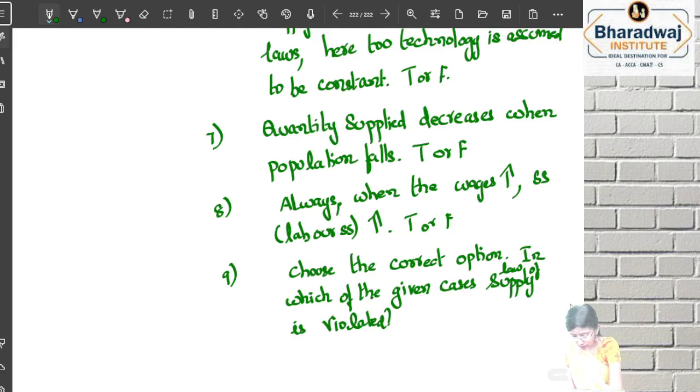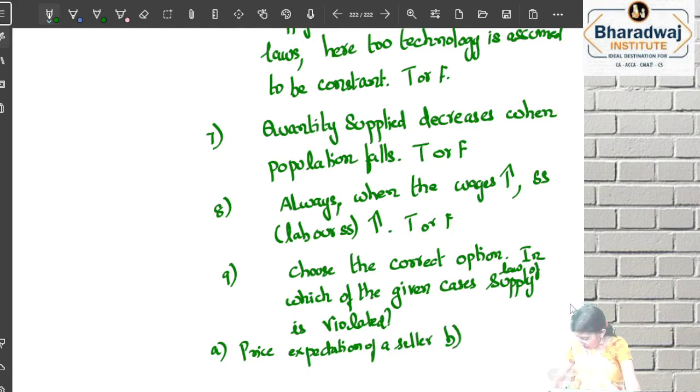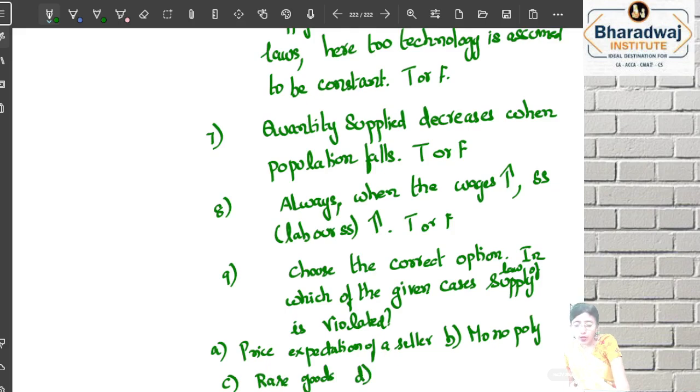Option A, price expectation of the seller. Option B, monopoly. Option C, rare goods. Option D, all of the above.